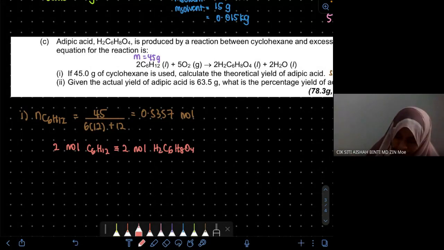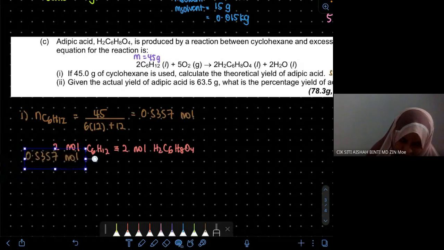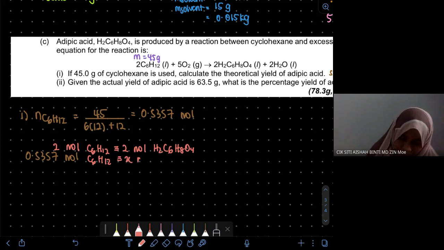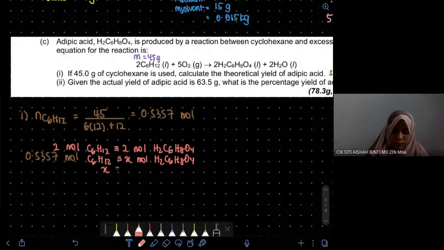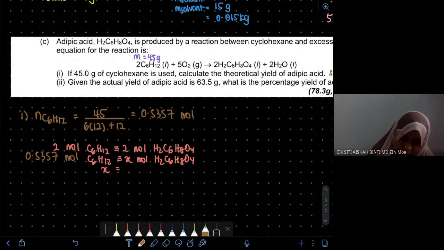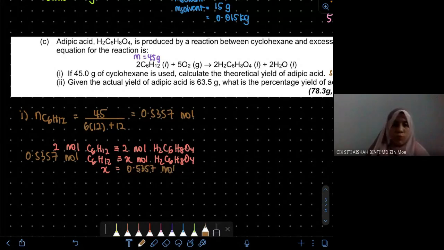So 0.5357 mole C6H12 equivalent to X mole H2C6H8O4. So X is equal to, kita dapat straightforward, 0.5357 mole.